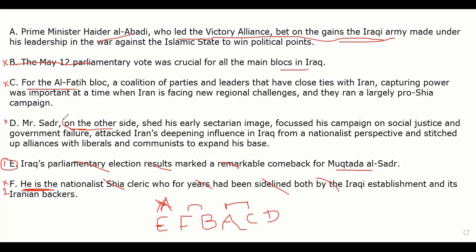Yes, sir. Now, if you read it this way, you will get why we chose E as the first. Because if you start with A, you cannot use E anywhere. Guys, if you start with A, you will not find any place for E. See? Can you use E in the end? No. Because when you discuss everything, you cannot say the parliamentary election result marked a remarkable comeback for Muqtada al-Sadr.